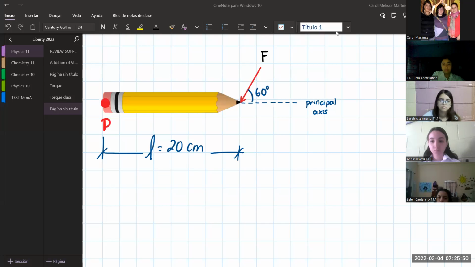I'm choosing the vector or the hypotenuse, and I'm choosing this principal axis. Is this principal axis vertical or horizontal? Horizontal. So in this case, it's a horizontal angle.